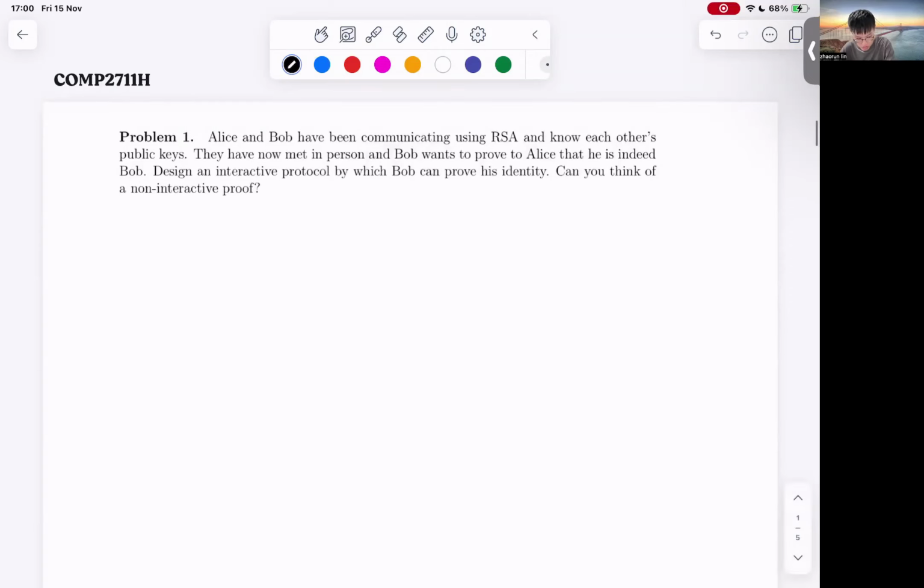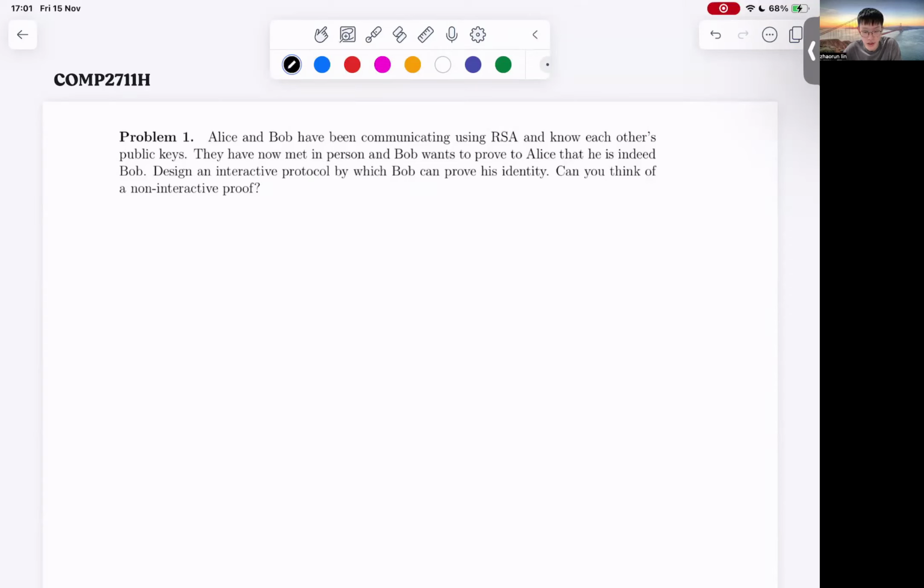All you need to do is that Bob needs to prove to Alice that he indeed knows the signing and verification keys, but not the secret key of signature, and also the secret key for encryption of the message.